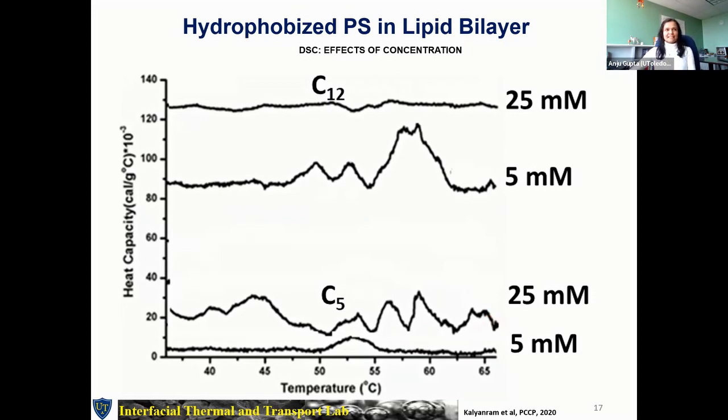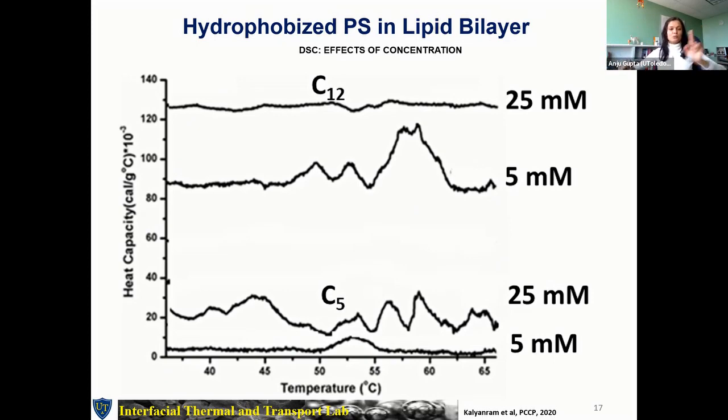Along with studying the length of the chain, we also looked at the concentration, because do remember that when we talk about concentration, we are increasing the number of molecules getting incorporated with lipids, which I talked about when I showed you the enthalpy equation. I'm not going to focus on that.